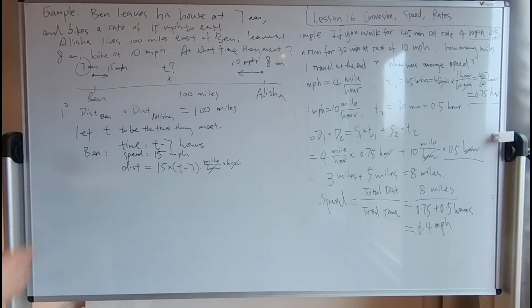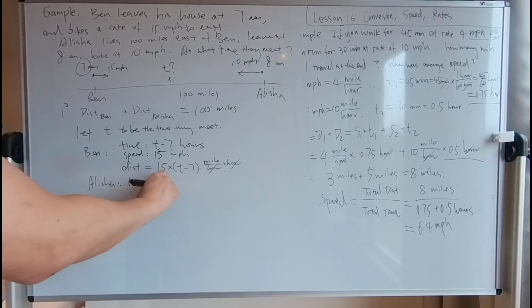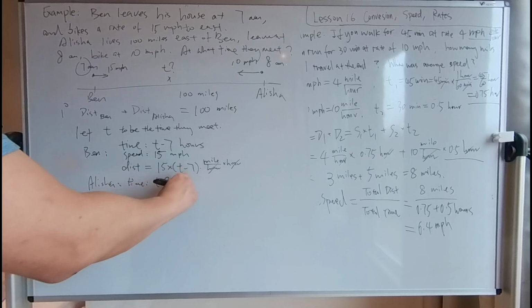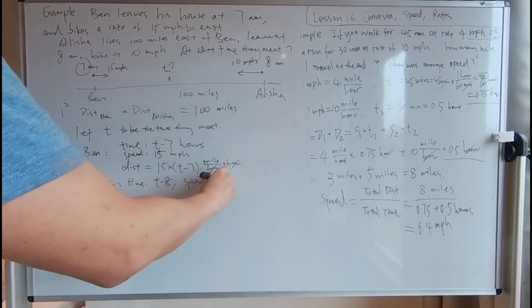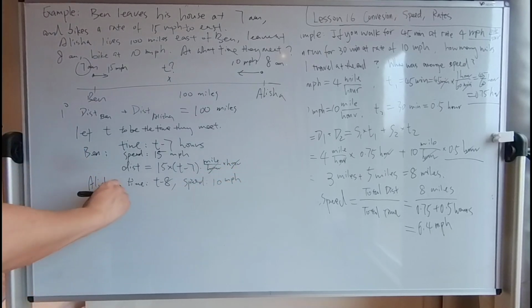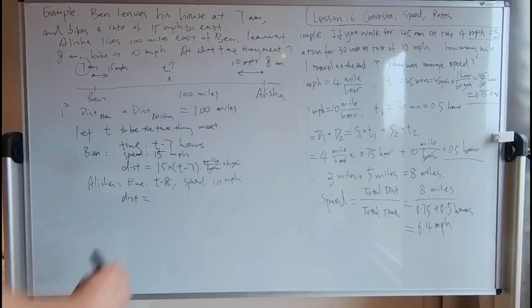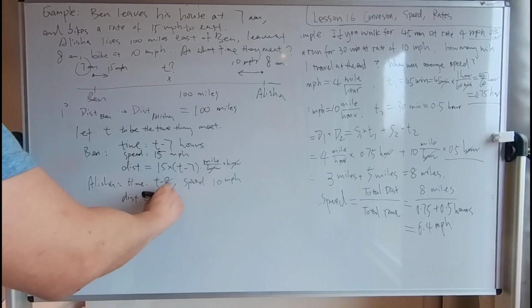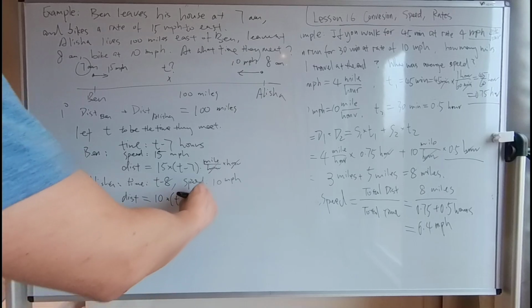Okay, and similarly for Alicia, do the same thing. Now the difference is that Alicia departs at 8 o'clock, so her time is t minus 8 hours. Her speed is 10 miles per hour, right? So then the distance that Alicia travels is speed multiplied by time, this many miles.